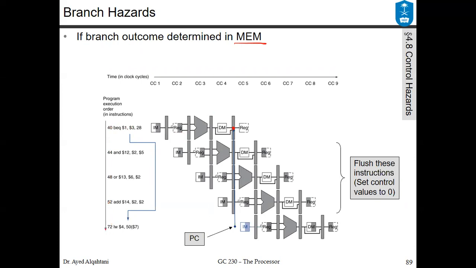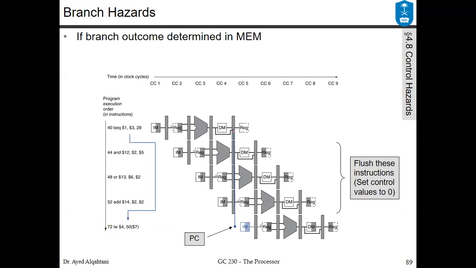But notice there is a big jump here. This is 72, because this is a branch instruction, and if the branch is taken, then you will add the offset 28. Note that we added the 28 to the 44, which is PC plus 4. So 44 plus 28 equals 72, which is the address of the target instruction.